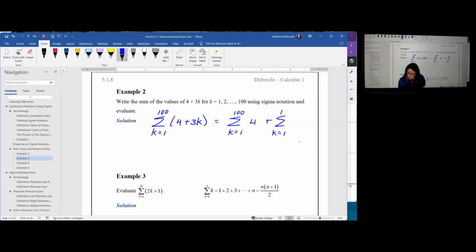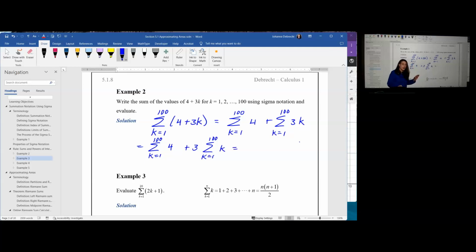Then I can use the rule that allows me to pull out a constant to rewrite the second one as the sum from k equal 1 to 100 of k, then multiplied by 3. Now I can use the rules that we had previously to rewrite this.